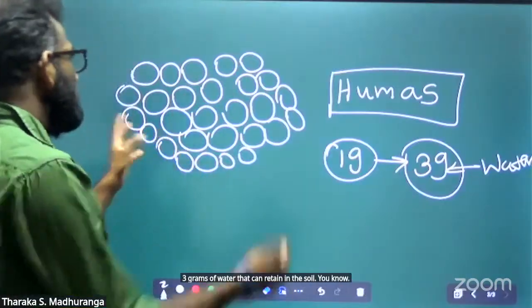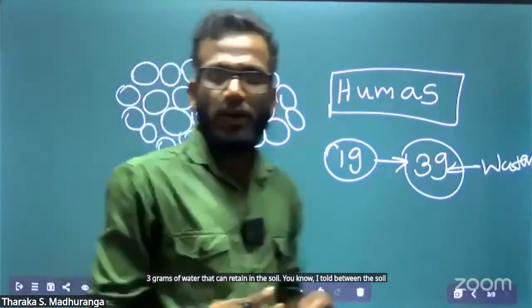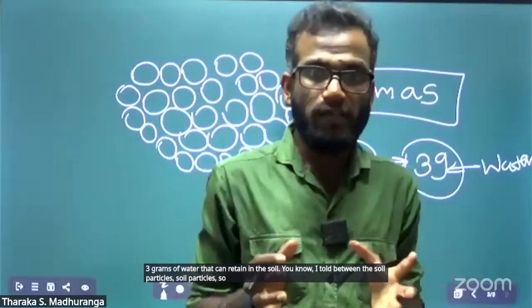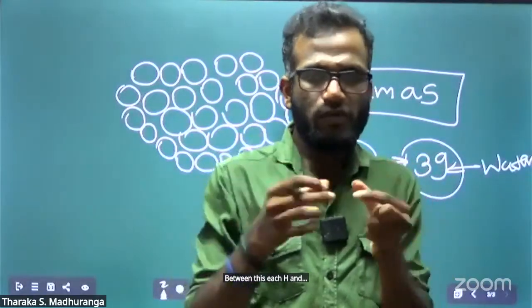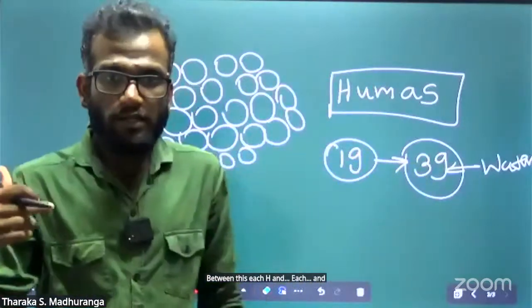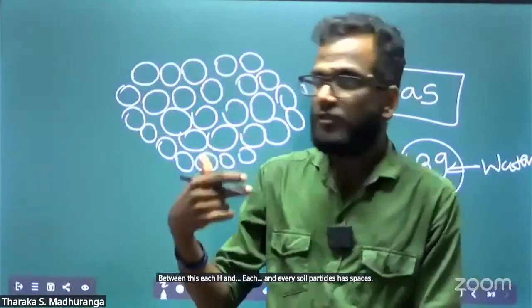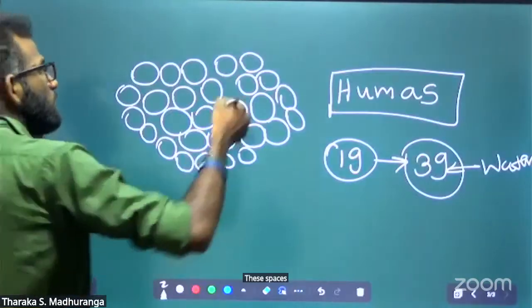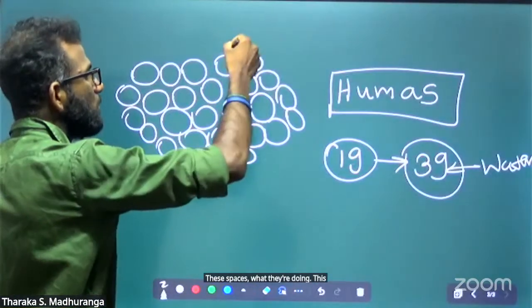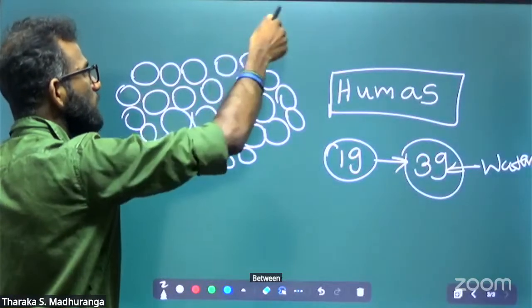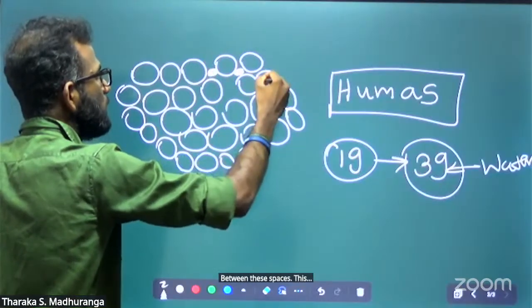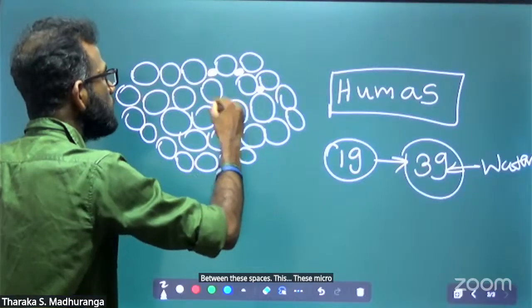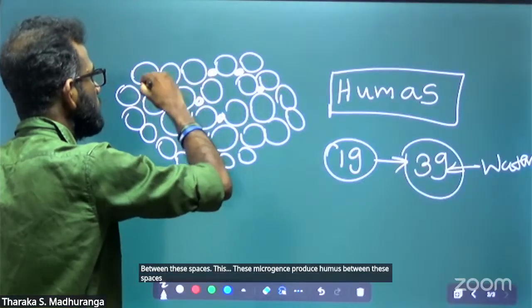I told you between the soil particles, soil crystals, there are a lot of spaces. Every soil particle has spaces. These microorganisms produce humus between these spaces.